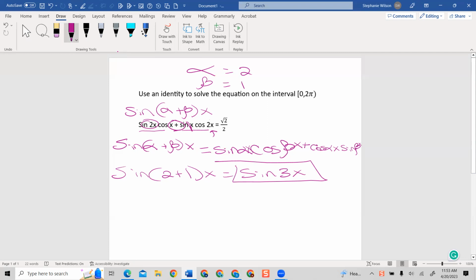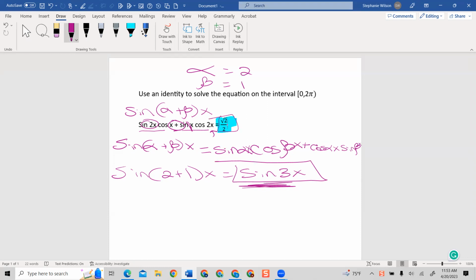Now let's go back to this other part of the equation, this equal to. It says it's equal to the square root of 2 halves, right? So when I go to the unit circle, because we're working in the identity of sine, let's go everywhere on the unit circle that we see a positive, because if you notice this is positive square root of 2 halves.